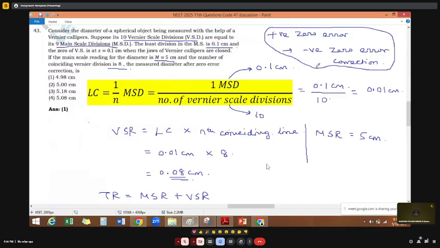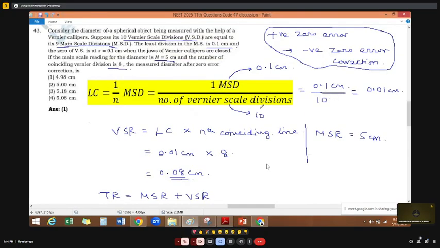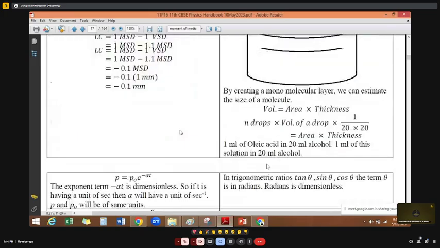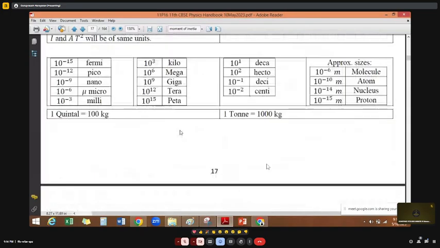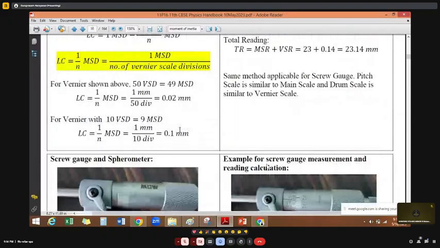I'm sure you must understand this, because when the error is positive, you have to correct it. How do you correct it? By subtracting it. If the error is negative, then how do you correct it? By adding that value. So zero error and zero correction will be opposite. Let me see if I have given that information somewhere for you.